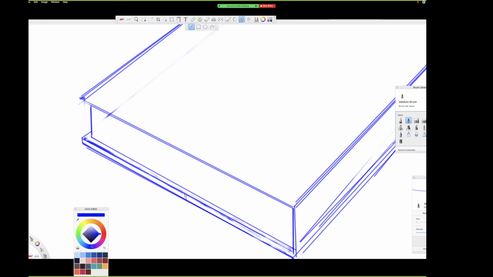Vertical plane, vertical plane. These vertical lines are denoting that. Vertical, vertical, vertical, vertical. And then these are horizontal planes moving back to the pages of the book, right? Which start right there.